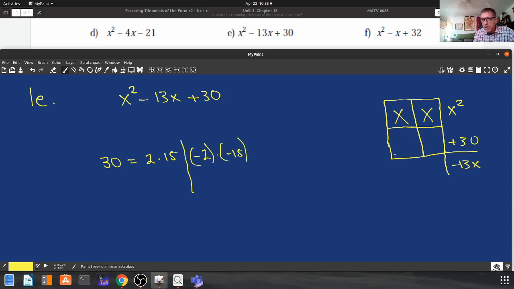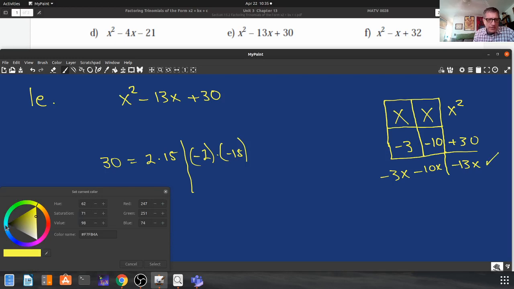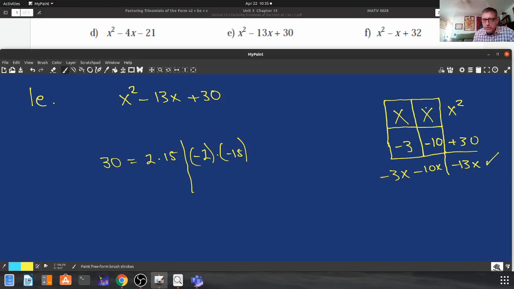So let's try minus 3 and minus 10. Minus 3 times minus 10 is minus 30. X times minus 3 is minus 3x. X times minus 10 is minus 10x. Minus 3x minus 10x is minus 13x. So indeed, I found the right numbers. So it always pays to stop and reason.